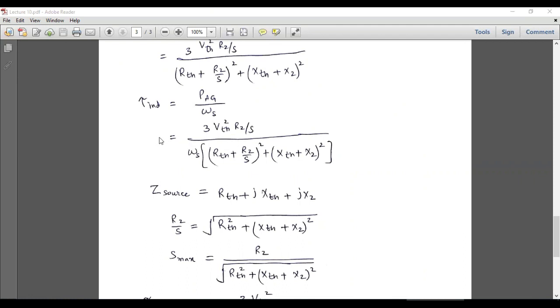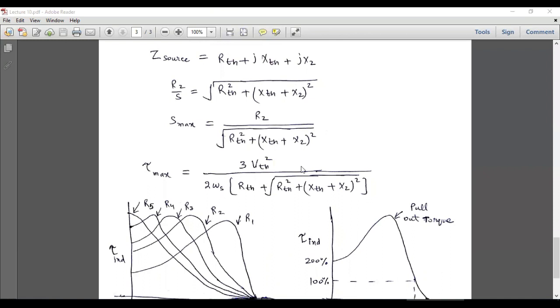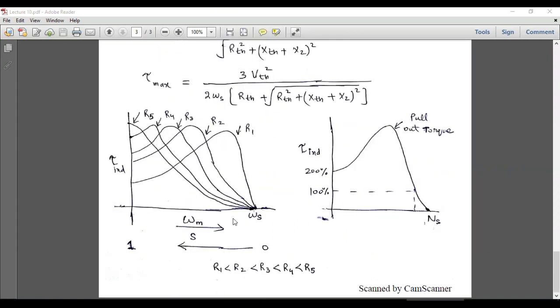So T start depends on R2, and S max also depends on R2, but the maximum torque doesn't depend on R2, which is visible in these characteristic curves.